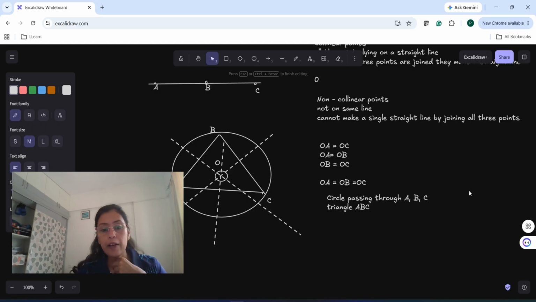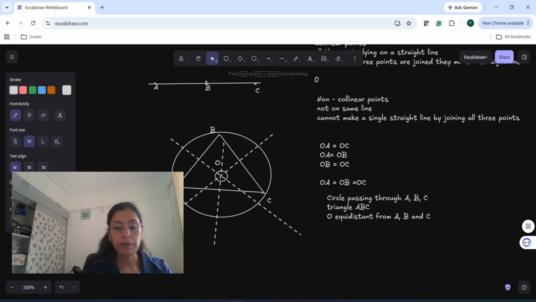Now, I have found a point O, which is equidistant from A, B, and C. And I'm able to draw a circle, which I already did, passing through A, B, and C using that O point as a center.